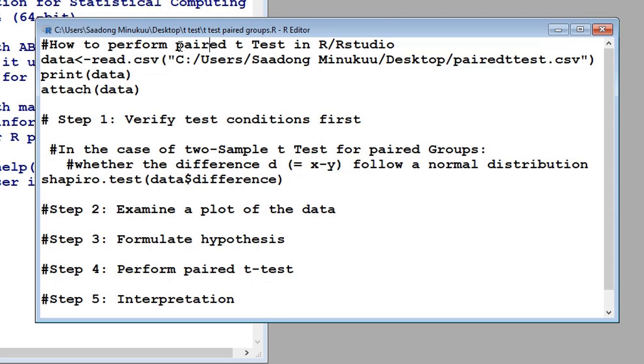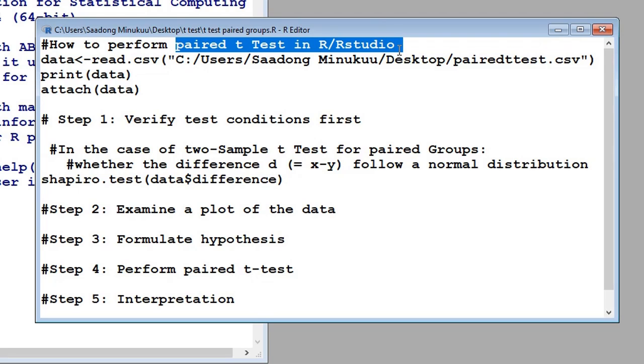In today's tutorial, we're going to look at how to perform a paired t-test in R or RStudio, as the video title suggests. Now, the concept of a paired t-test is similar to the concept of a two sample t-test for independent groups.